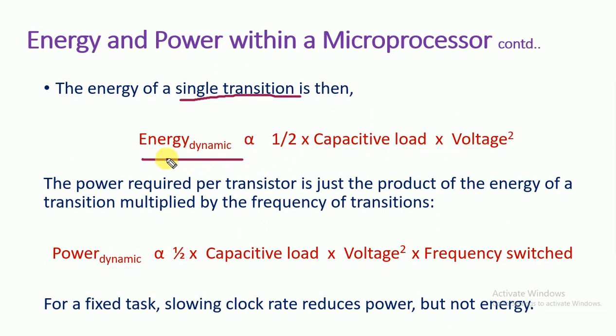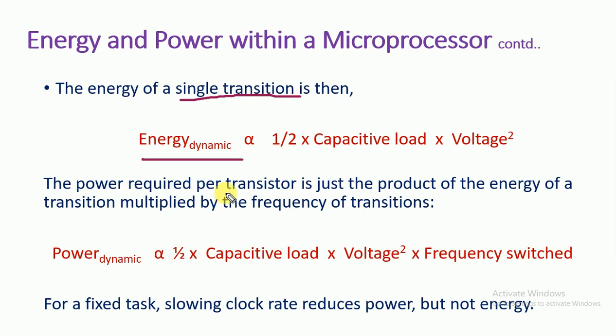So dynamic energy for a single transition is proportional to 1 by 2 into capacitive load into voltage square. That is a variation. The previous equation was for a complete transition, from 1 to 0 and 0 to 1, where we have capacitive load into voltage square, but in the case of a single transition the dynamic energy is proportional to 1 by 2 into capacitive load into voltage square.